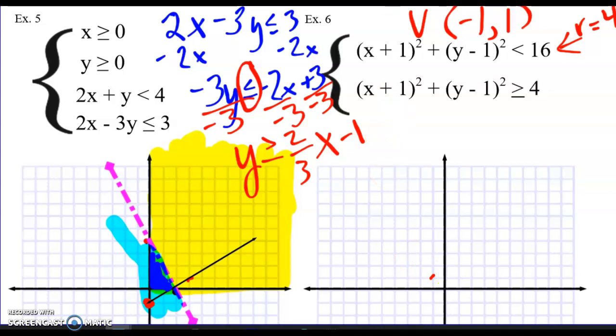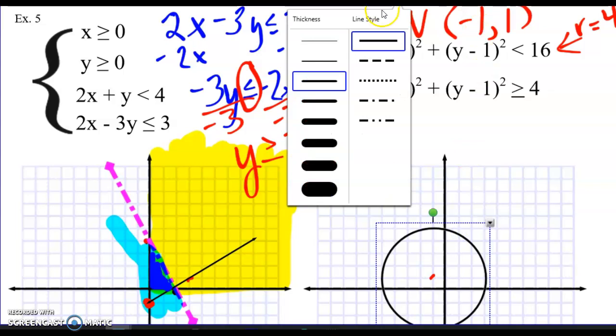So I'm going to see what my circle drawing tool will do. I start here. I go 1, 2, 3, 4. There's my radius of 4. Now, I just drew it with this, and I've got that line. I wonder if I can make that line dotted. I don't want that, I want it like this picture. I can.